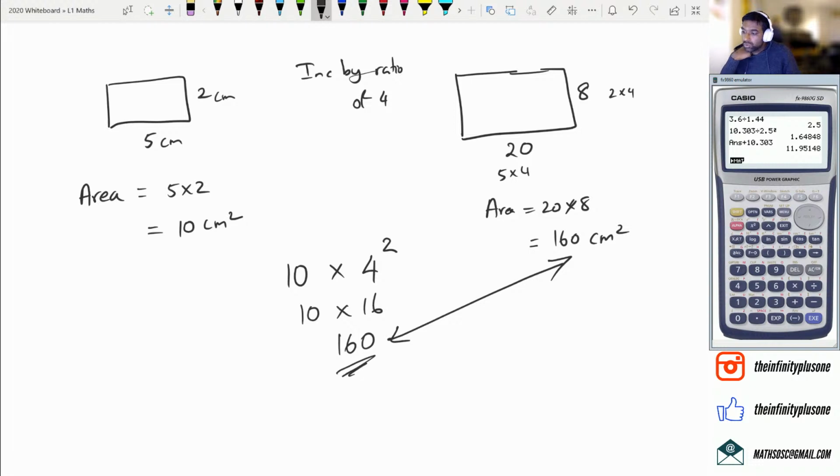Well, if it's not squared, then you're going to get 10 times 4, which is actually 40. But if you think about it like this, even though we're increasing it by 4, what's going to happen is, how do I put it? 5 times 4.